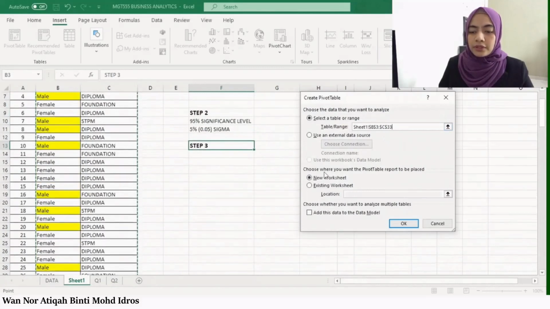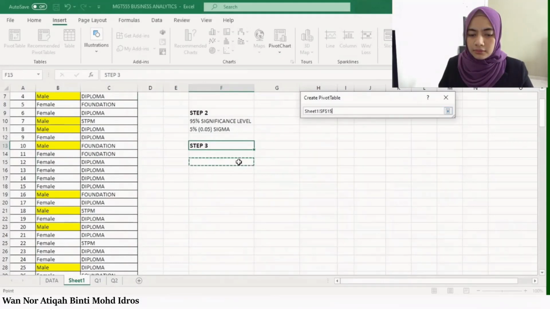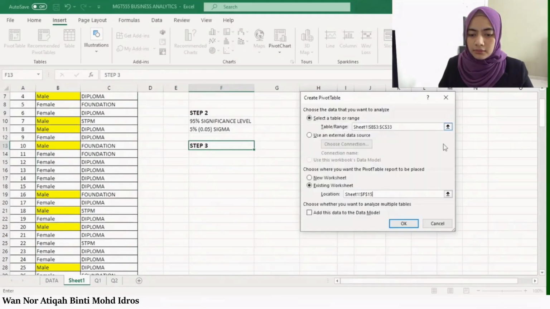Choose where you want the pivot table report to be placed. Then click OK.